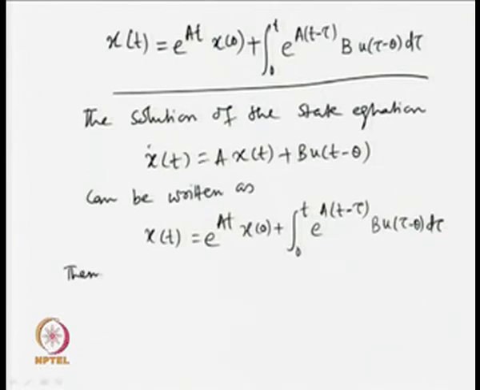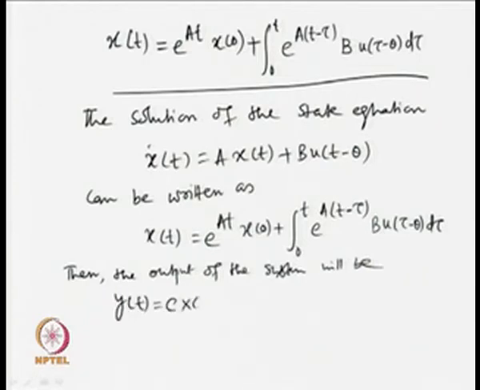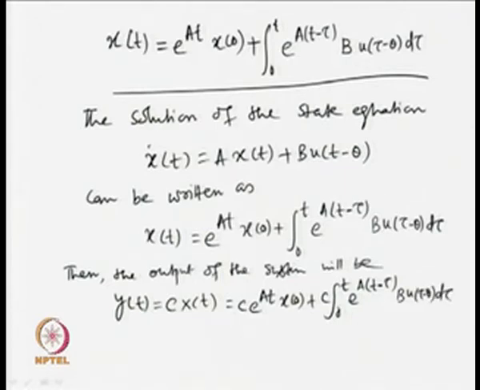Then the output of the system will be y(t) = c x(t) = c e^(at) x(0) + c ∫ from 0 to t of e^(a(t−τ)) b u(τ−θ) dτ.